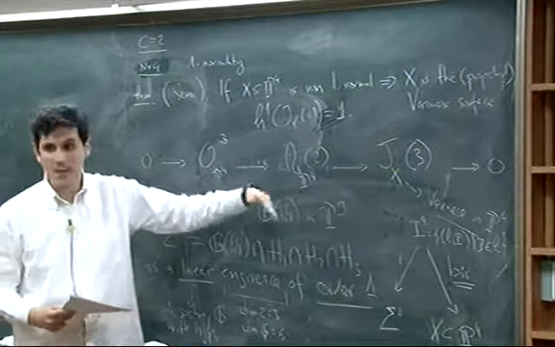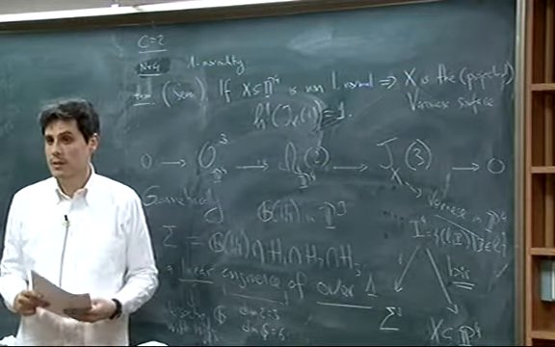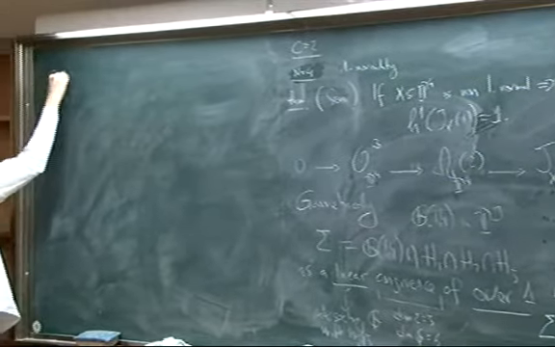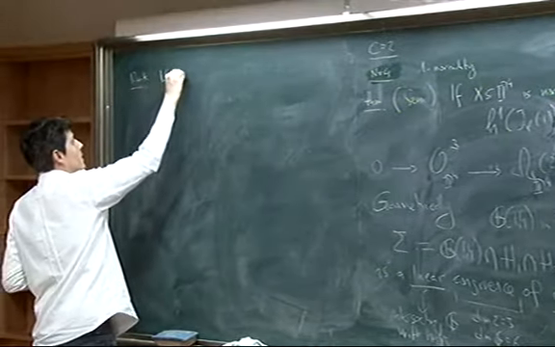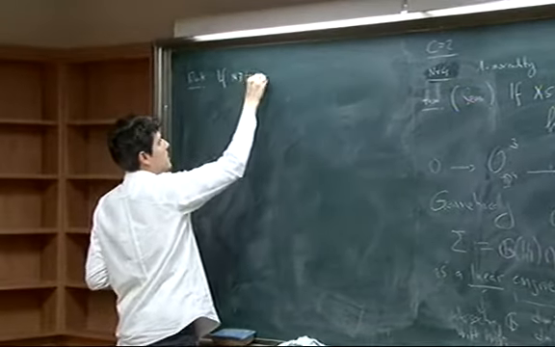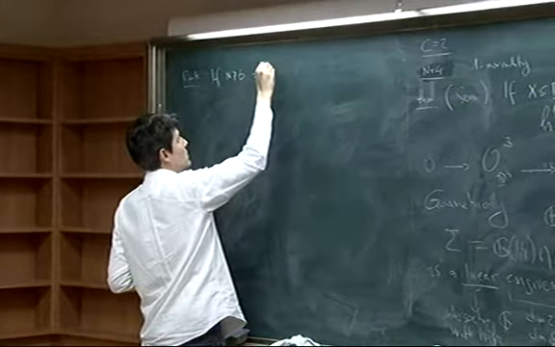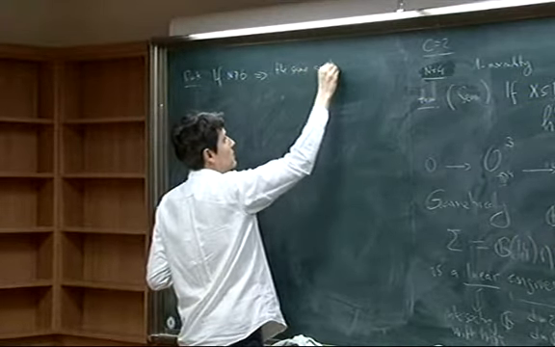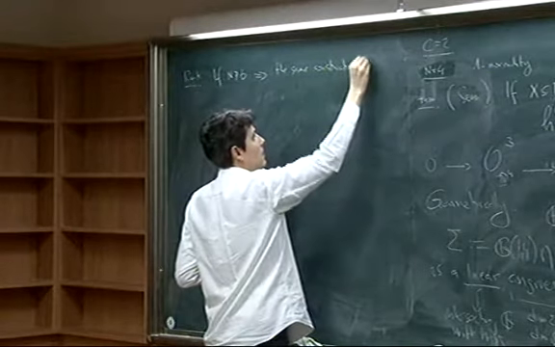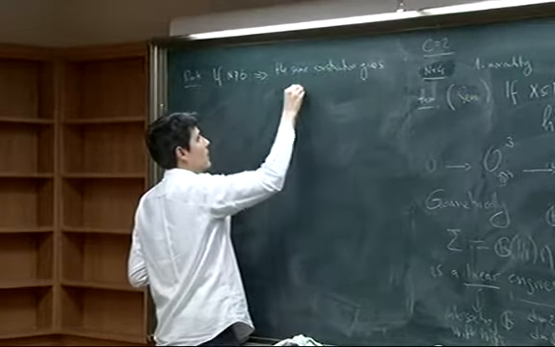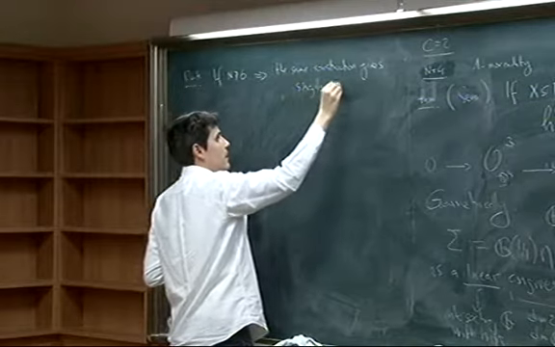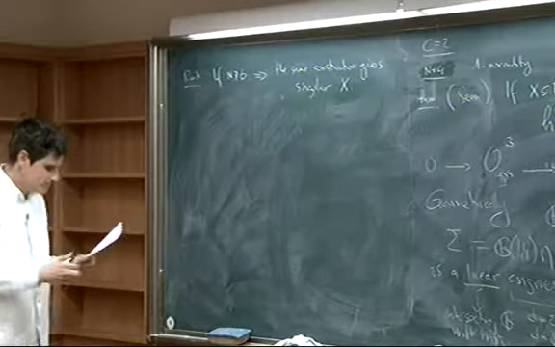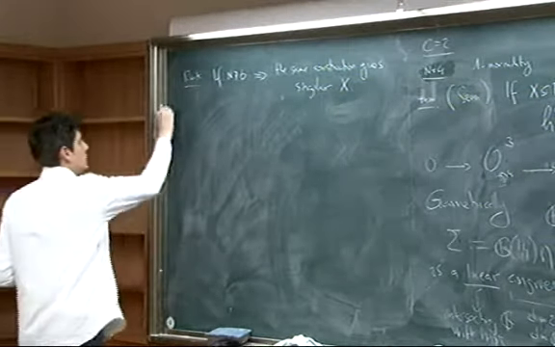So as soon as you get P6 or more, then you get singular examples. So let me remark that if n is greater than or equal to 6, then the same construction gives singular X. Okay. Good.